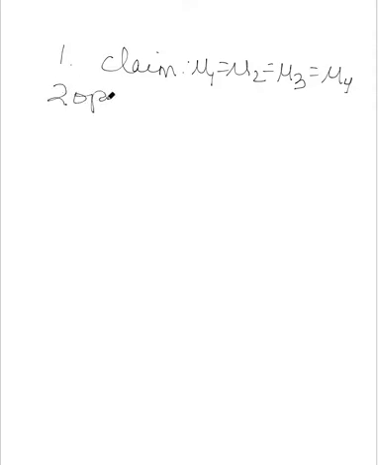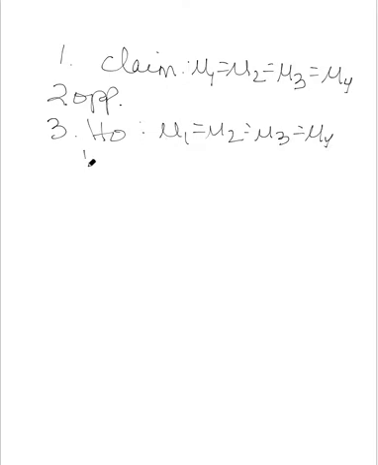Step number 2 is the opposite. So the opposite of the claim is that the means are not all equal. At least one of the means does not equal all the others. At least one of the means is different from all the others. Step 3, our null hypothesis will be equal to our claim, and our alternate hypothesis is equal to our opposite statement.